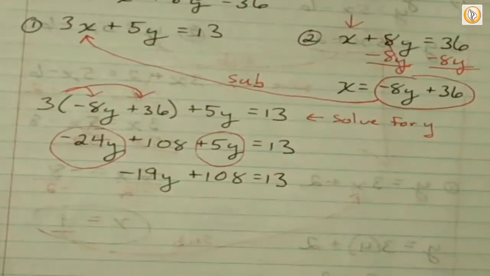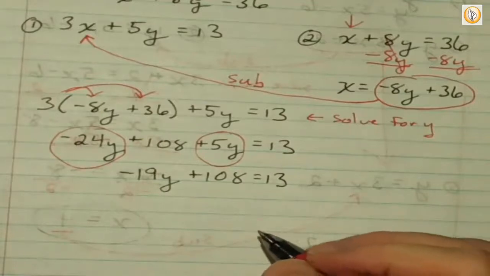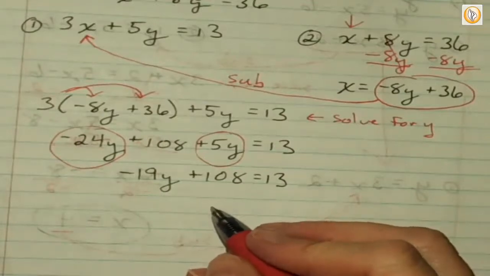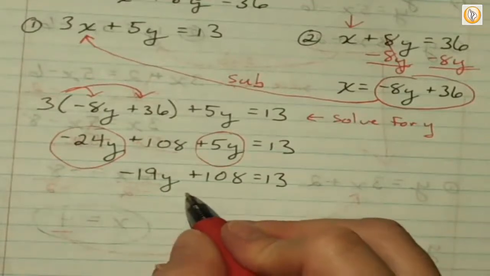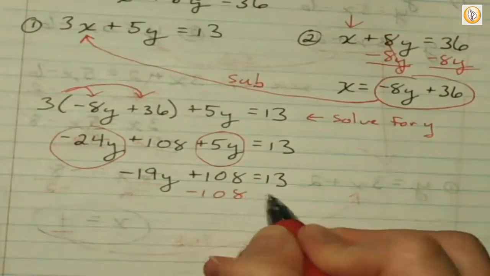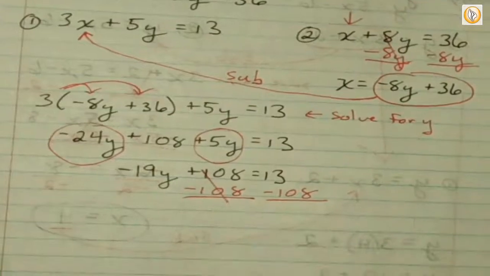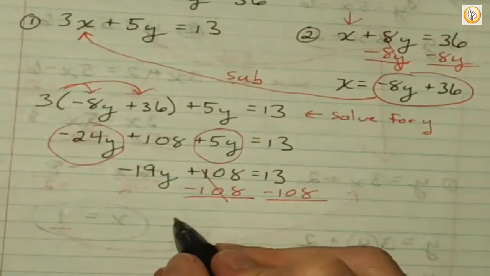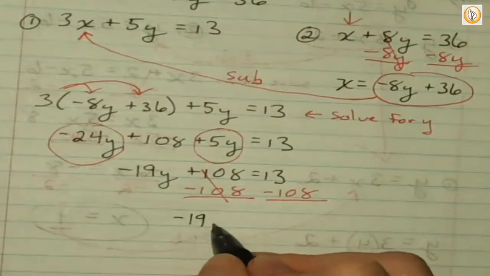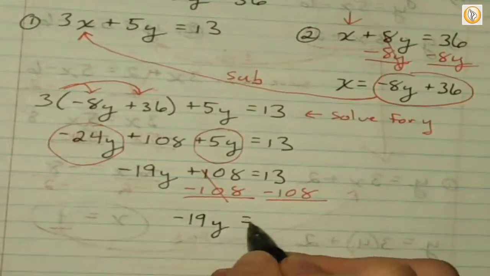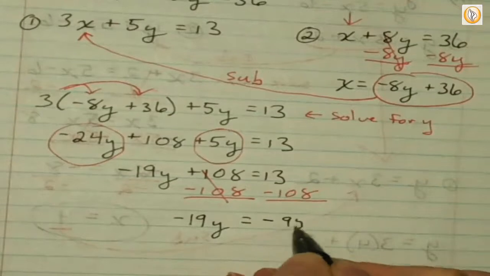Now what do I do, chat? You're on y, so you subtract 108 from both sides. And what do you get? Negative 19y equals negative 95.